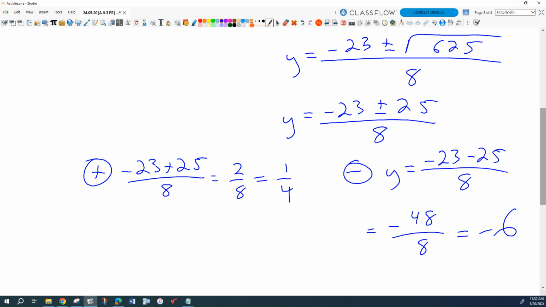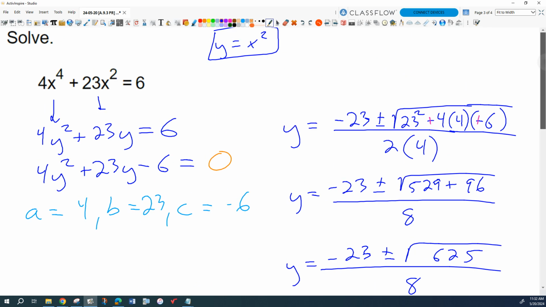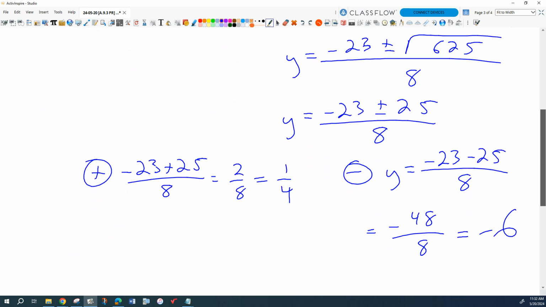Are we done? Okay, what do we have to do on this one? Remember, it's easy to forget, but at the very beginning, we didn't have y's, we had x's, right? So what do we have to do? Substitute. We got to go back from y's to x squareds.